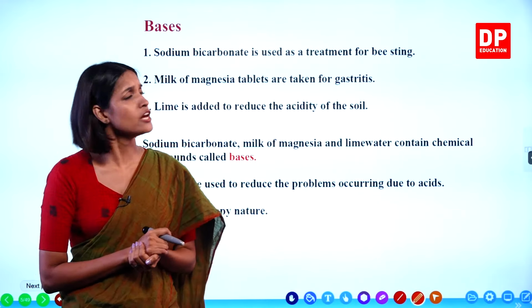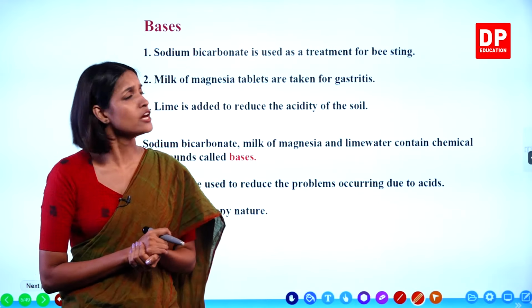When bases are mixed with acids, that acidic nature or acidic properties reduces. So in order to reduce the pain of bee sting, because bee sting contains acids, we can apply a kind of base on that wound. So then what happens? These acids mix with the base and pain is reduced.